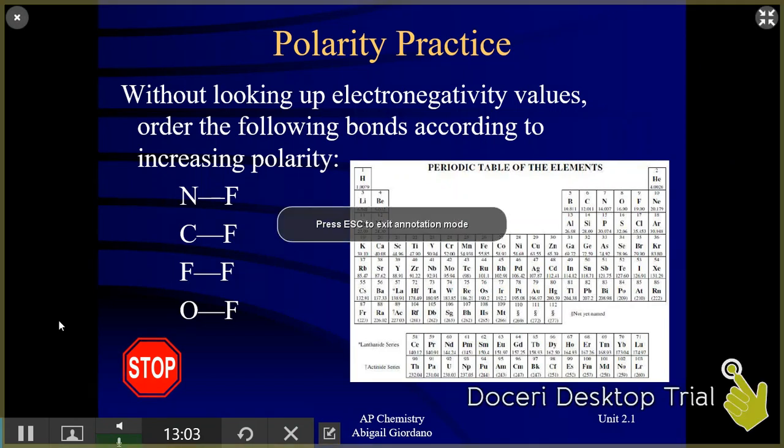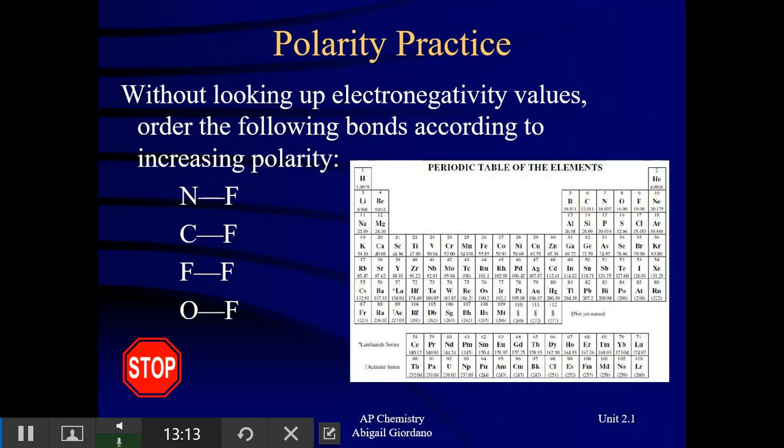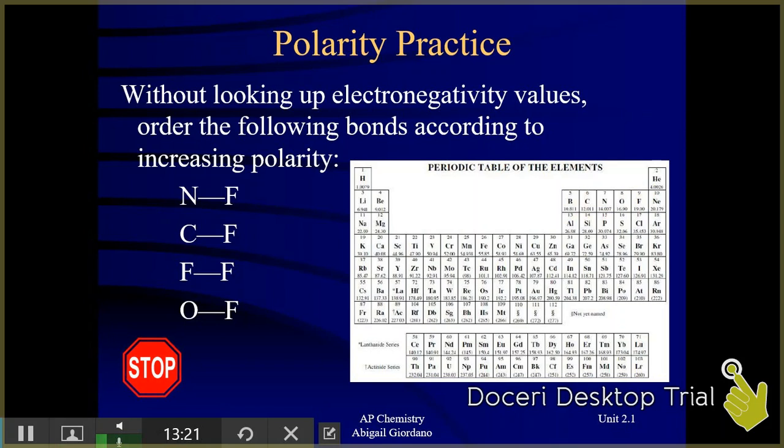All right, so in general, guys, we were looking at those 4 elements right in that area there, okay? It's all about the difference in electronegativity. Fluorine is the most electronegative element on the periodic table because it's in that corner, okay?